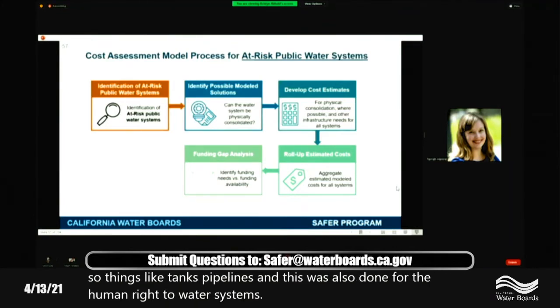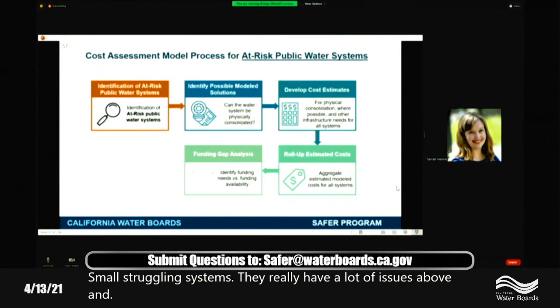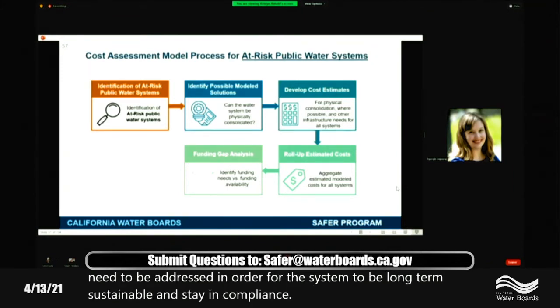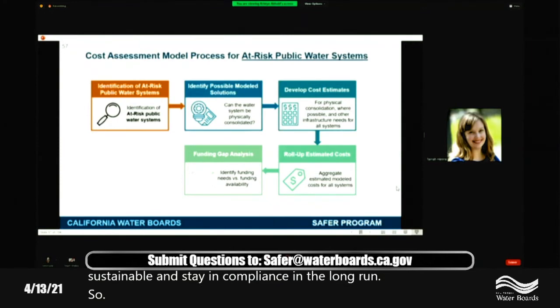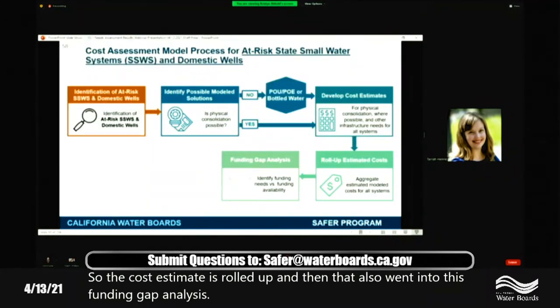Very often when you go into these small struggling systems, they have a lot of issues above and beyond just the water quality issues. So those will need to be addressed in order for the system to be long-term sustainable and stay in compliance in the long run. So the cost estimate was rolled up, and then that also went into this funding gap analysis.